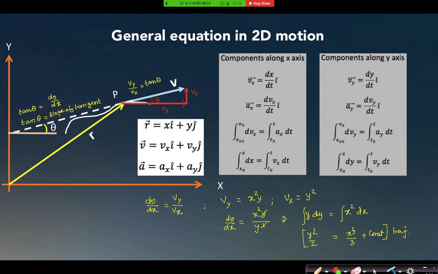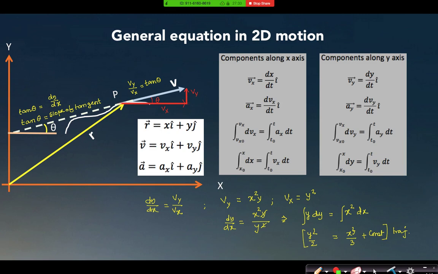Have you understood what I have tried to say here? Yes, sir. Clear? And I can find the value of the constant from any given value. For example, if the particle passes through (1, 1), that means when x equal to 1, y equal to 1, from that expression you can find the value of this constant.